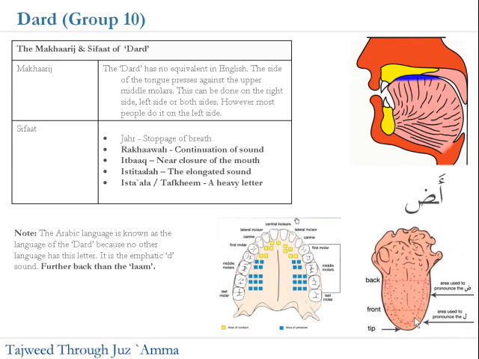So when you say al, al, the front left part of your tongue is pressing on the upper left teeth. And with the dad, what you have to do is take a part of the left side of your tongue further back and press that on the left side of the teeth towards the back of your mouth.